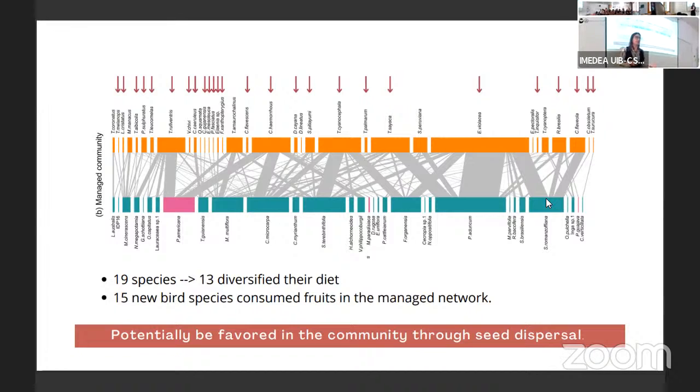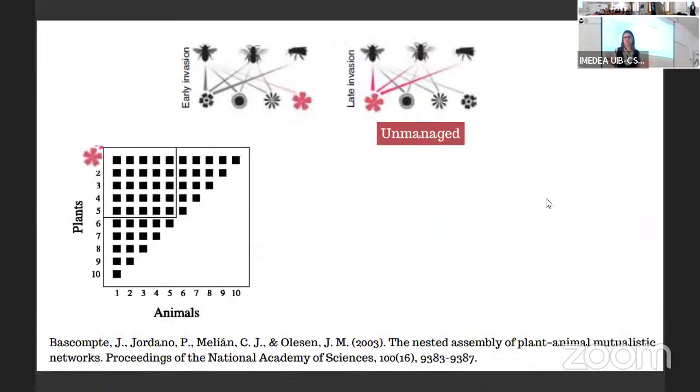So we can see that potentially more native species will be favored in this community through seed dispersal. What we hope is that it's one of the aims of a protected area to favor native plants, native species in general.